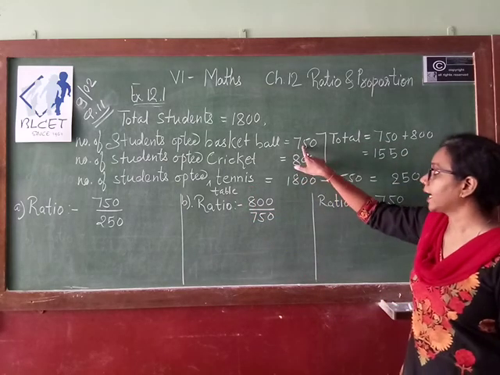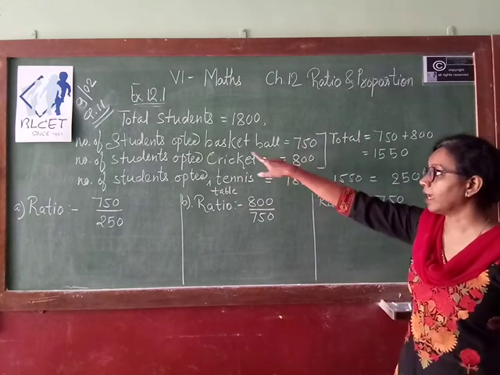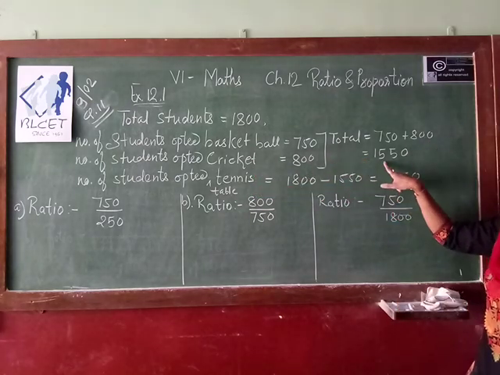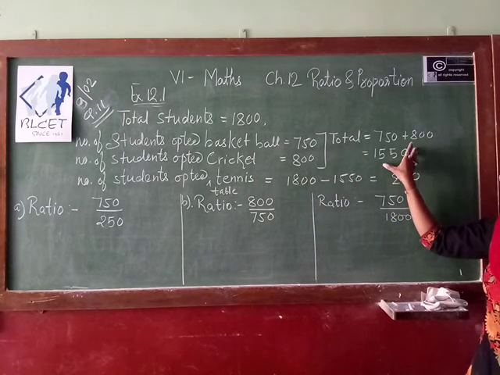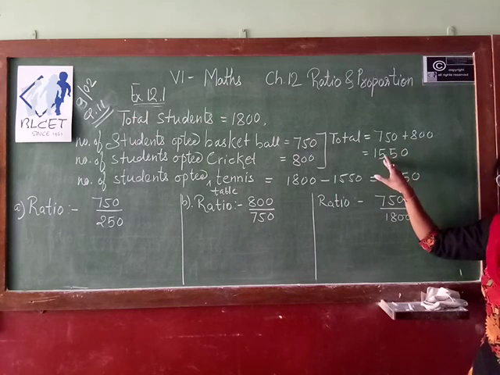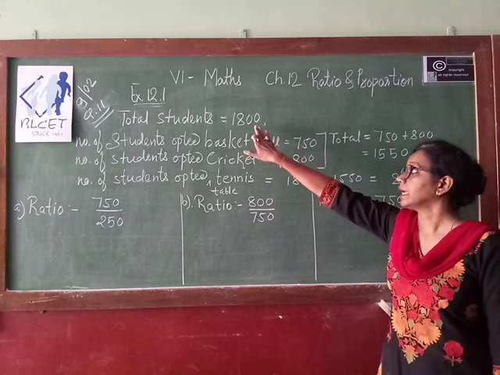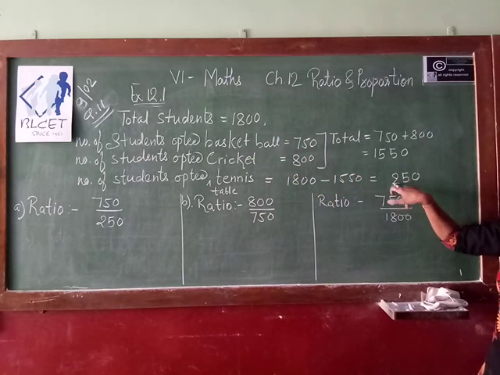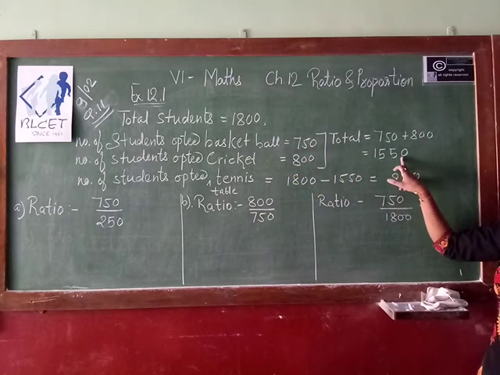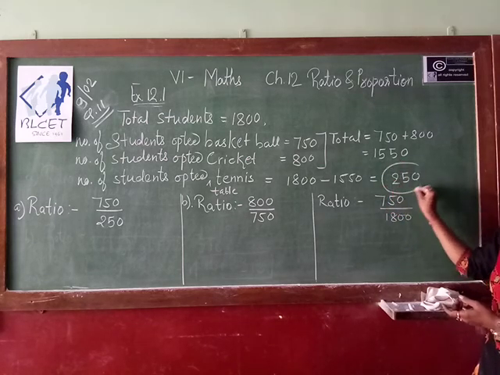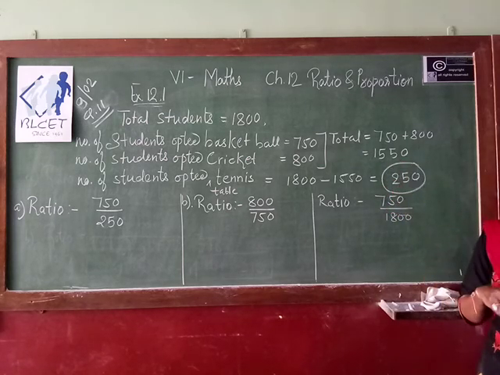We have to add the students who opted basketball and cricket. So the total we are getting is 1550. This is the total number of students that we have to subtract from the total students in the school. So that is 1800 minus 1550. This gives you the number of students, that is 250, who opted for table tennis.